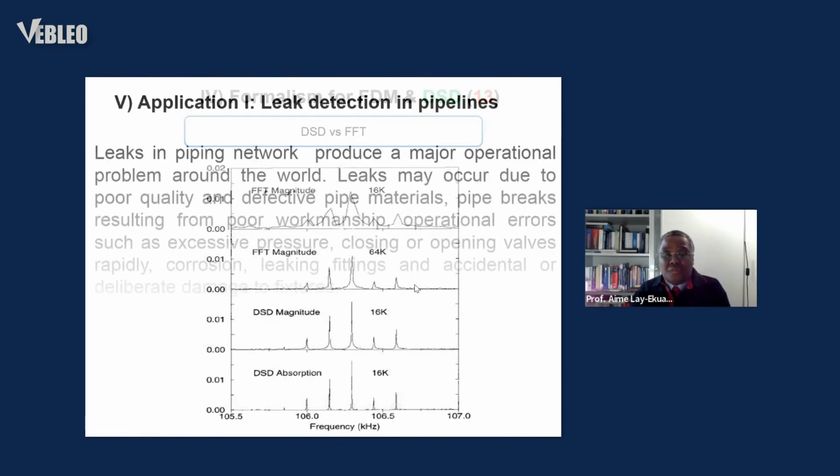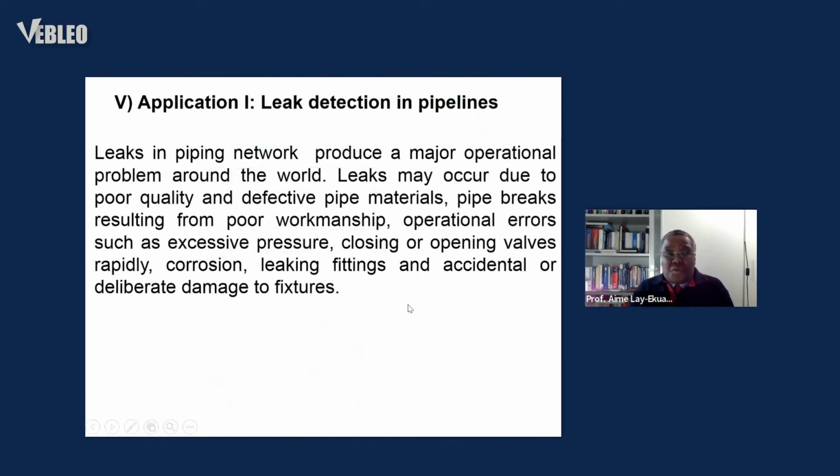Okay, so this is the first application. The first application is in the field of leak detection in pipelines. There are different reasons for which we get leaks in waterworks in cities.